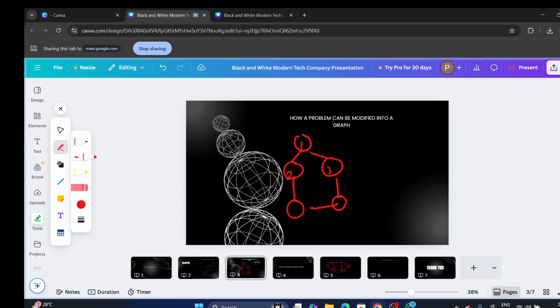So this circuit can be called a Hamiltonian circuit. A particular vertex should be visited only once. So likewise, a simple problem can be modified into a graph and we can solve this problem with respect to the graph.